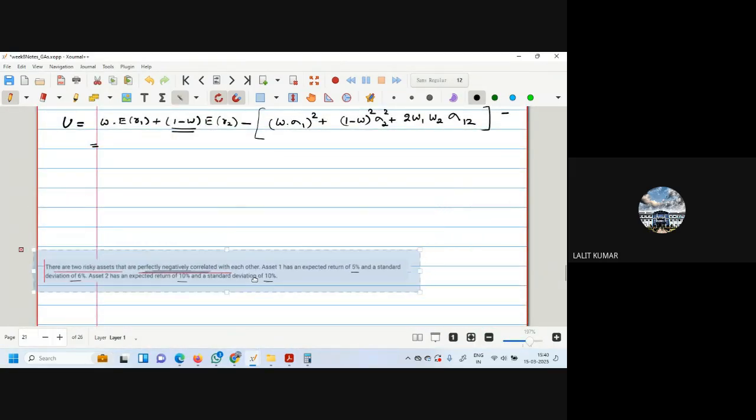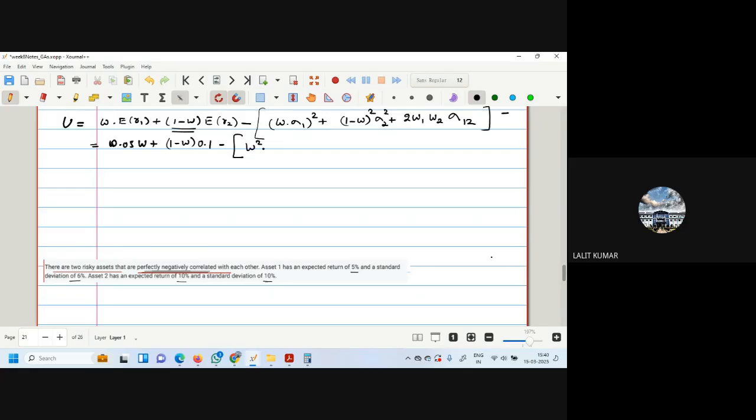Okay, so these are the values. ER1 has got 0.05, so 0.05 W plus ER2 is 10%, so 1 minus W into 0.1, minus W square into sigma 1 square.